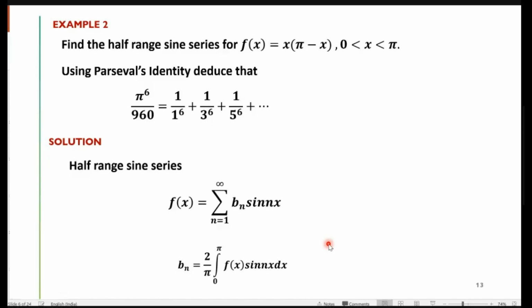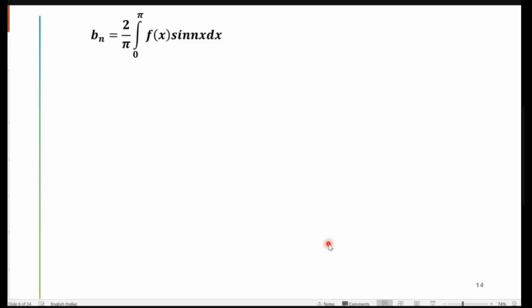So Bn, since half range sine series is asked, we have to calculate only Bn as a0 and an will become 0. Whatever formula we used in the odd function, that formula will come here. Bn is equal to, substituting for the function, now here you're having x into pi minus x.